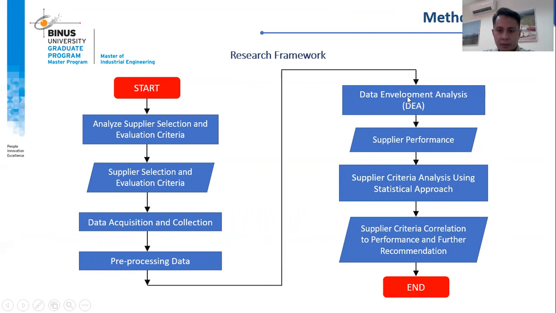We use data envelopment analysis as a method to get supplier performance, and then supplier criteria analysis using a statistical approach, and we get supplier criteria correlation to performance and further recommendation, and finally end.